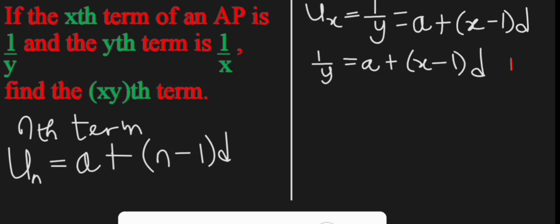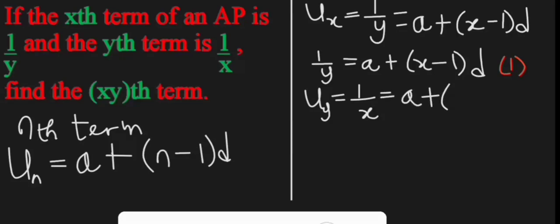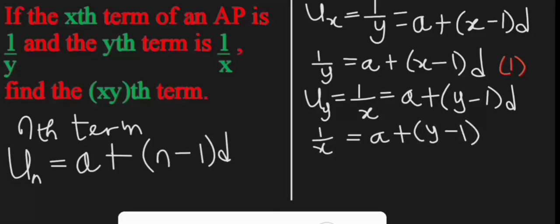We're going to call this equation 1. We're also given the yth term, u subscript y, as 1 over x, and that is a plus (y minus 1)d. That is 1 over x is a plus (y minus 1)d.